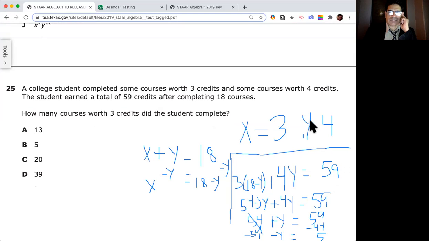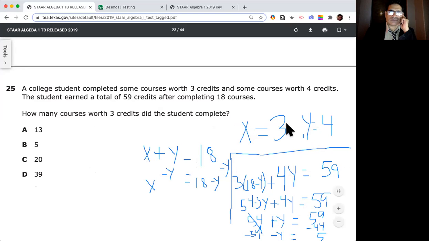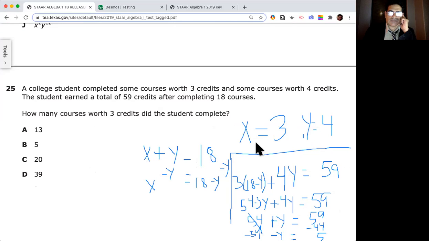Right. So how does that help us? Y equals 5. Okay, 3 credit courses. Now this is X, isn't it? X are the 3 credit courses. All right.